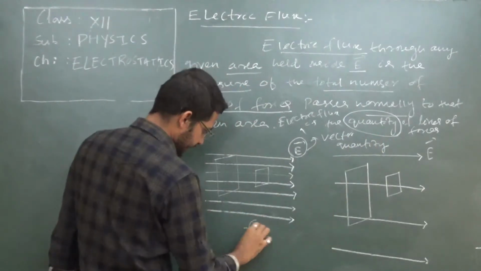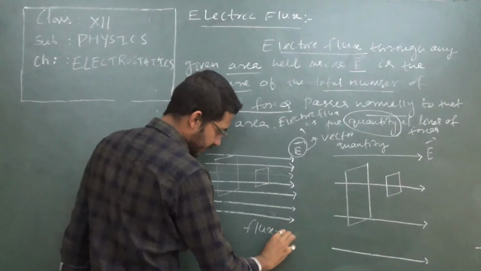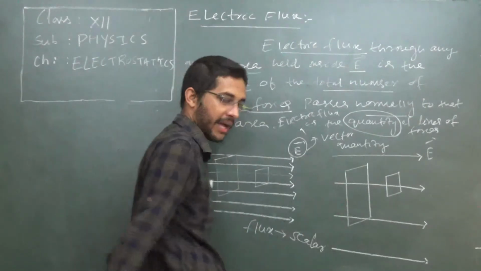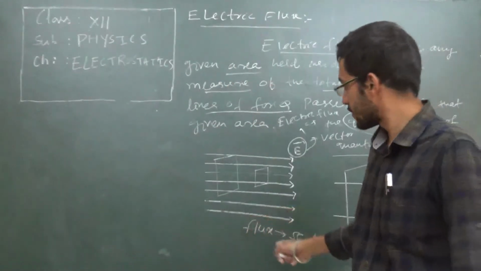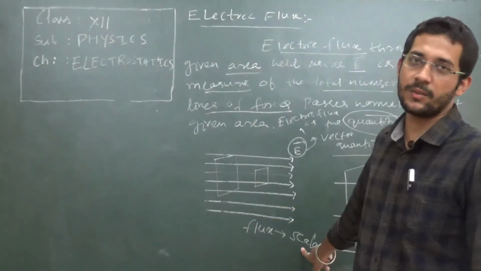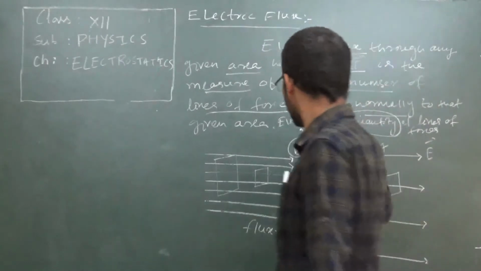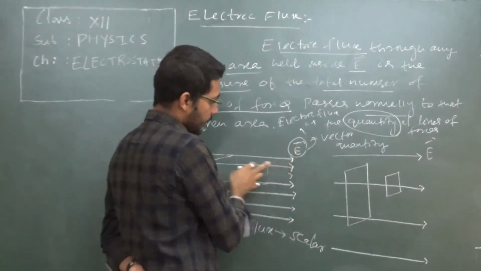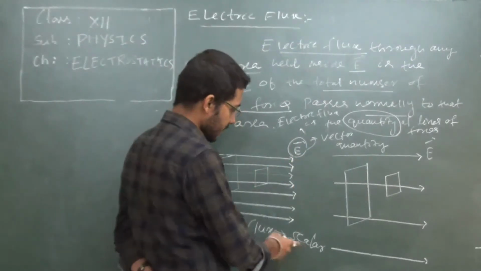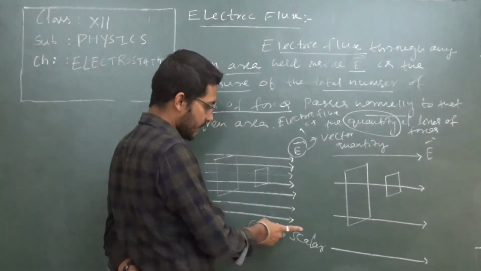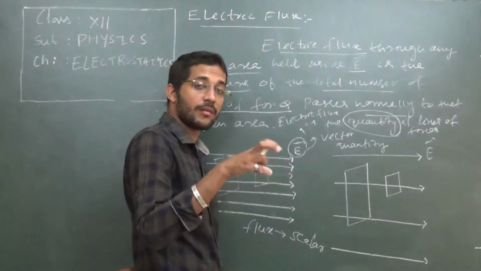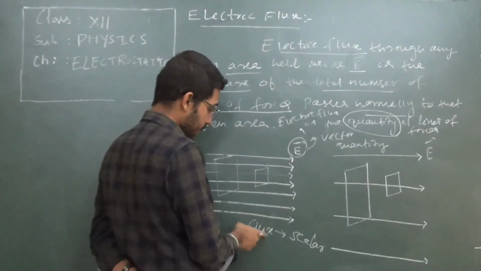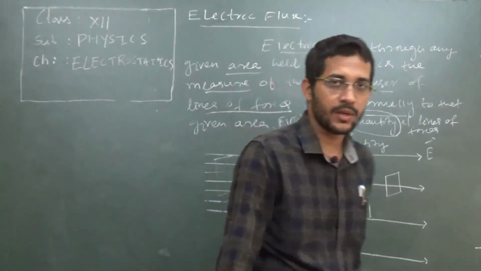It only gives the idea about the magnitude of the lines of forces, so it is considered to be a scalar quantity. Always remember, electric field is a vector quantity which has magnitude and also a proper direction. But in case of flux, it only gives us the idea of the number of lines of forces passing through a particular area. That's why flux is a scalar quantity only.